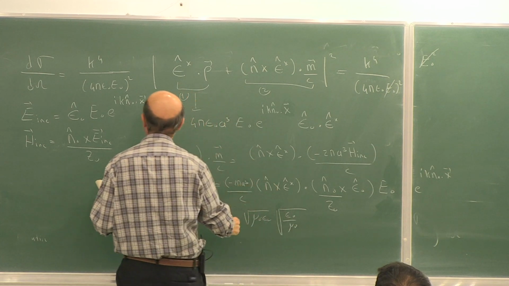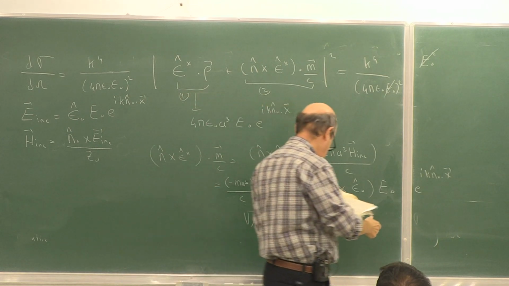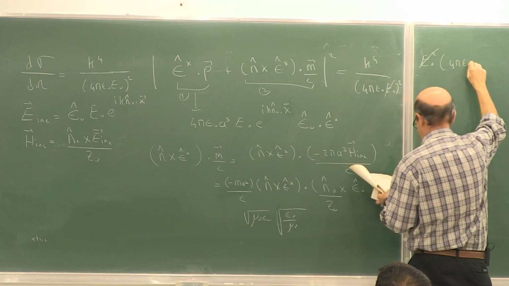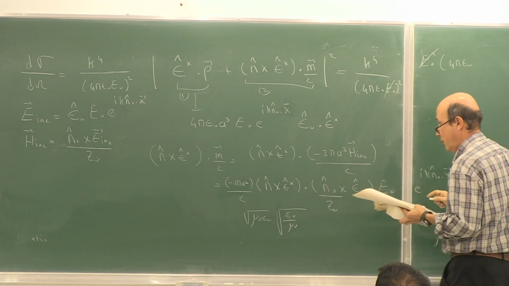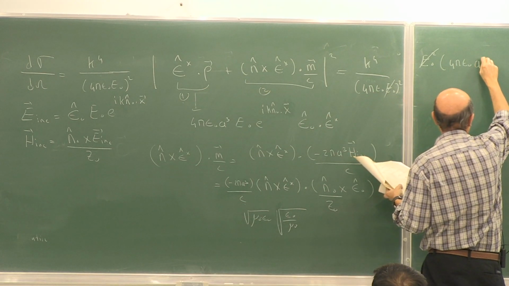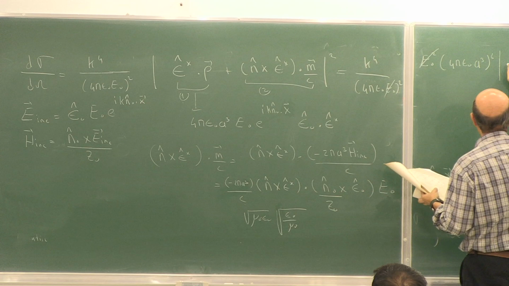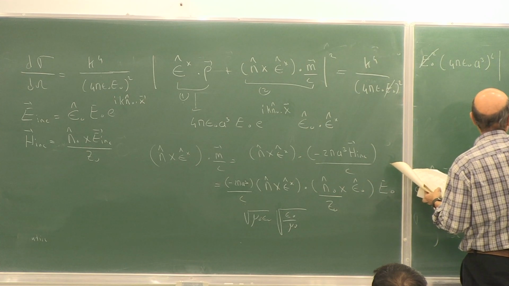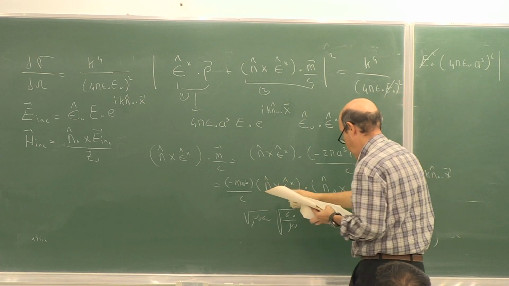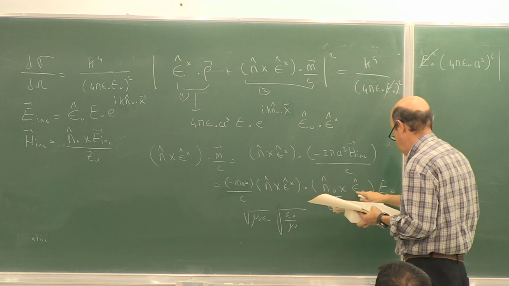That will be epsilon 0. The only difference will be the factor 2, and you can write the rest as 4 pi epsilon 0 a cube squared. Then the leftover terms will be epsilon complex conjugate dot epsilon 0 from the first one, and from the second one n cross epsilon complex conjugate dot product n0 cross epsilon 0.